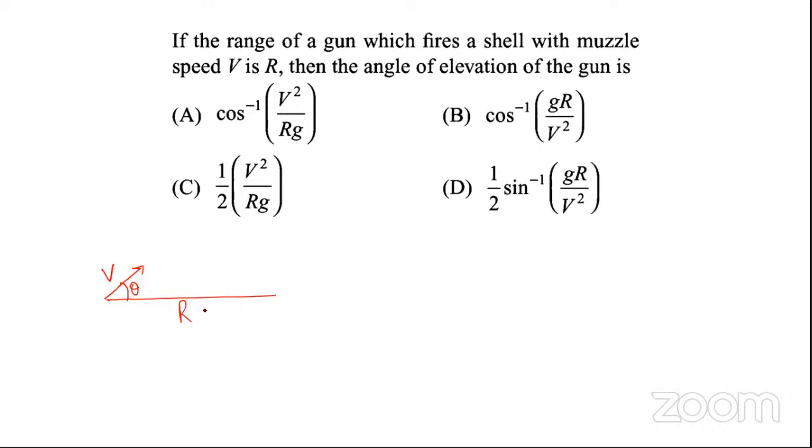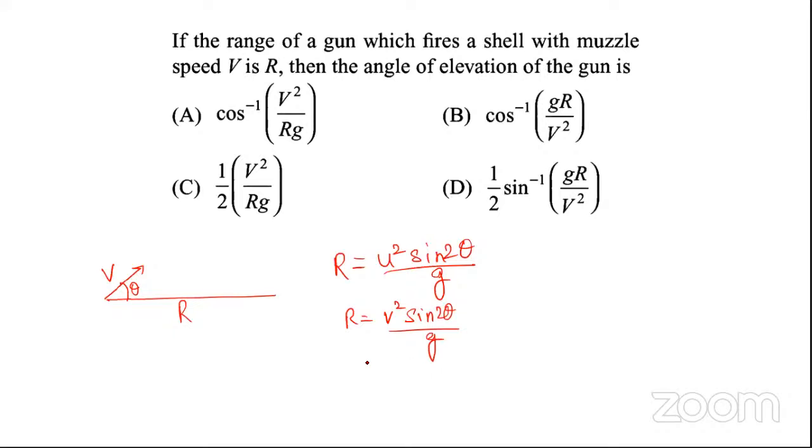So what do we have as the relation for R? We have u square sin 2 theta by g. So u over here is v, so we put v square sin 2 theta by g.